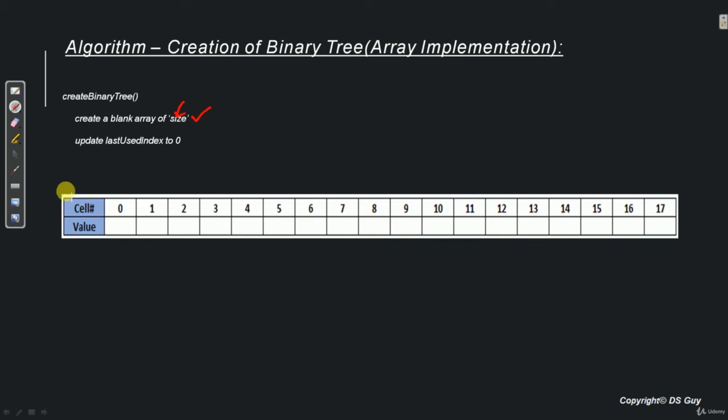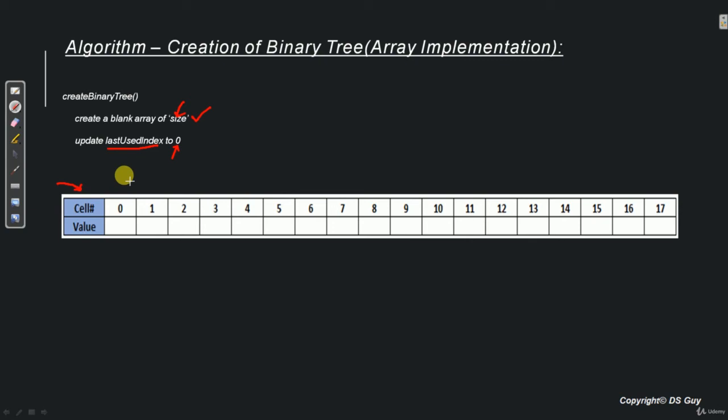Once we have created this blank array, we have to update the last used index. This is a variable and we have to change it to 0. Now why do we need this variable? As the name suggests, this variable keeps track of which cell was last used. We need to keep track of that so that when we are inserting a new node in this binary tree, it becomes very simple.